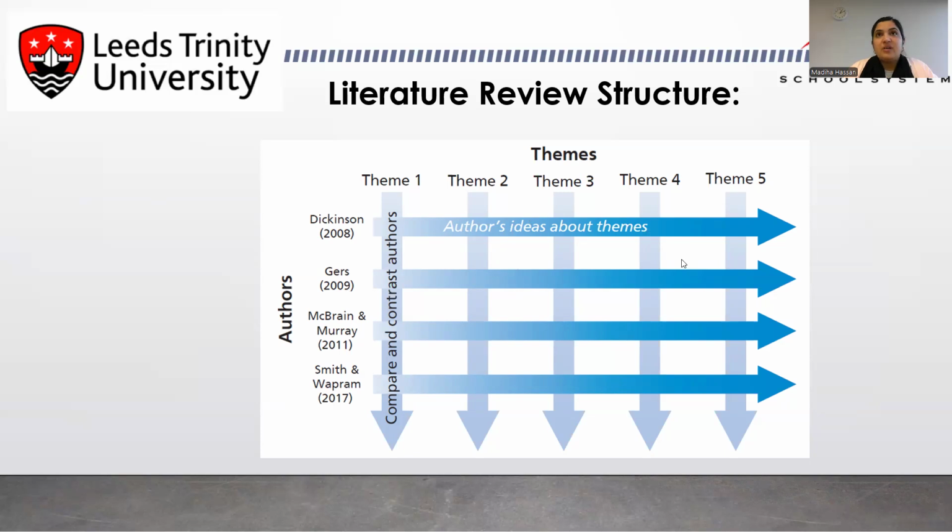If you compare and contrast, what will happen? For example, if you are looking at Maslow's hierarchy of needs theory, you will see what Maslow has said and what other authors have said. So it will create criticality. What are the gaps in the literature? What is the gap in that theory, and what is the criticism of it?